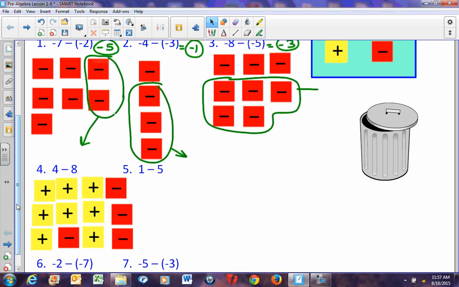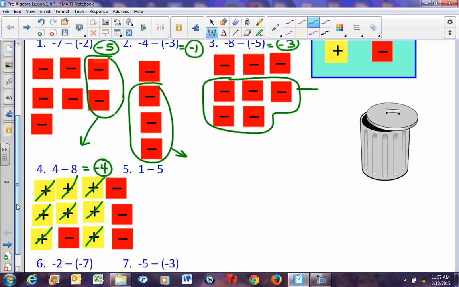Yeah, I can, can't I? If I wanted to take away 8 positive tiles, I can simply just cross out 8 positive tiles, can't I? 1, 2, 3, 4, 5, 6, 7, 8. What am I left with? Negative 4. So 4 minus 8 is negative 4.